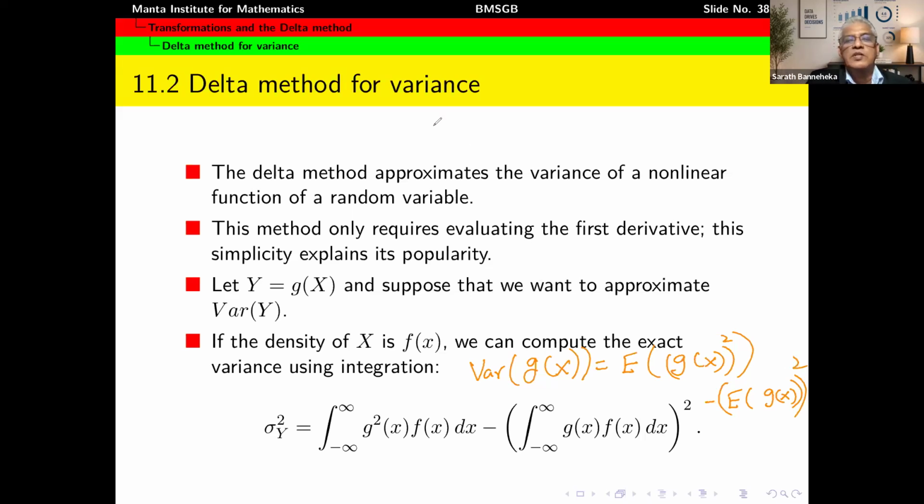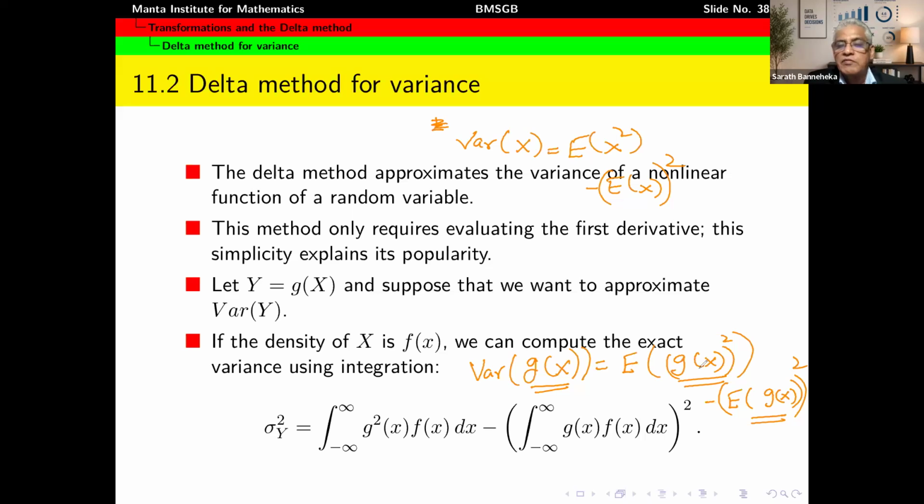This is coming from the expression, if you remember, that the variance of x is equal to the expected value of x squared minus the expected value of x whole thing squared. So instead of x, now we have g(x), and the corresponding equation will be like this.